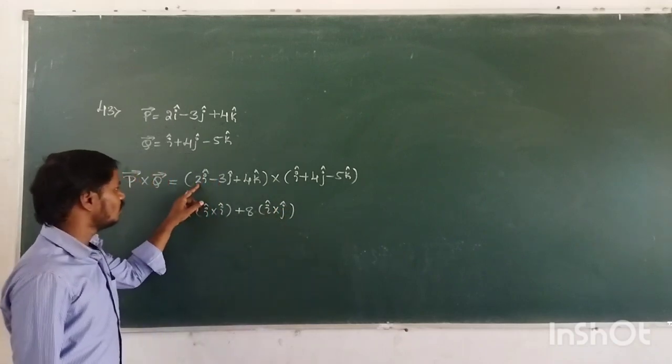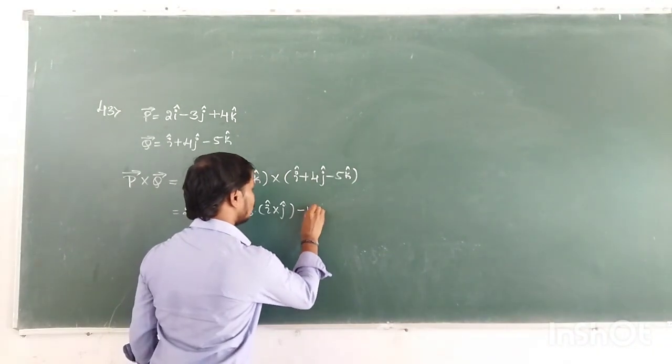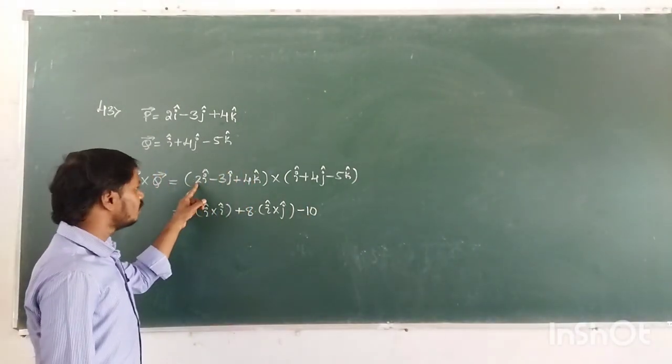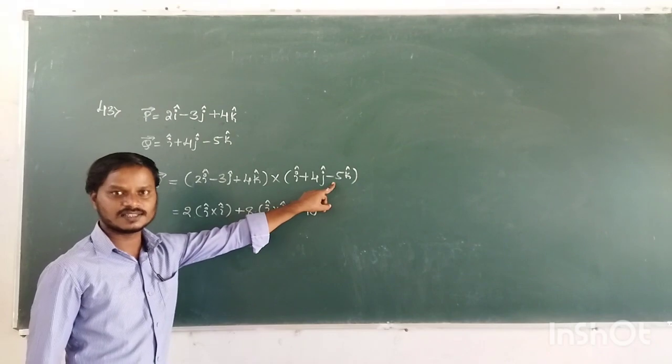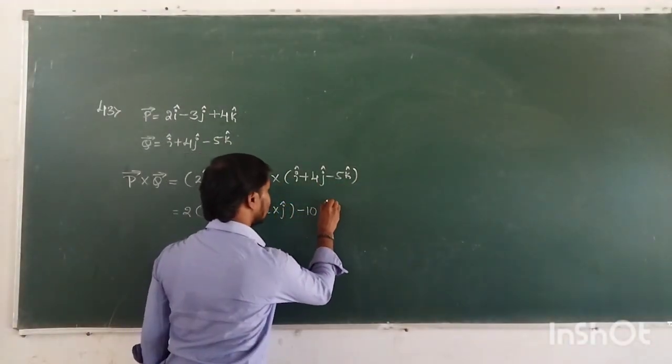Next, 2 into minus 5, that is minus 10, then i cross k.